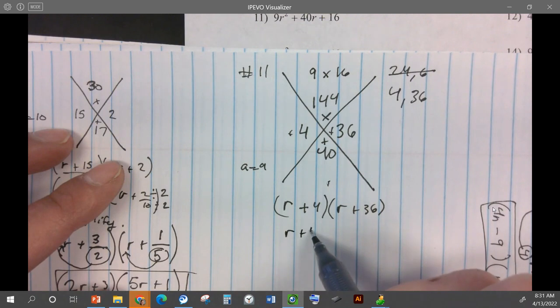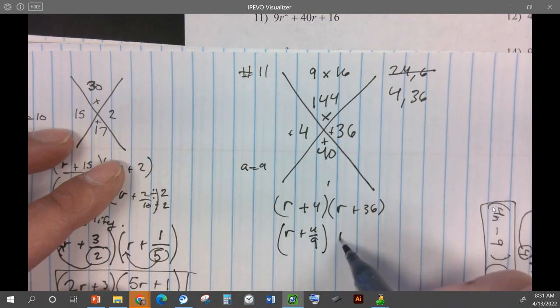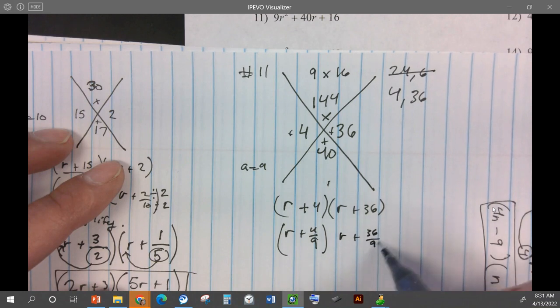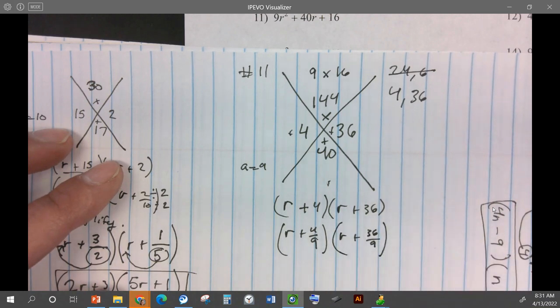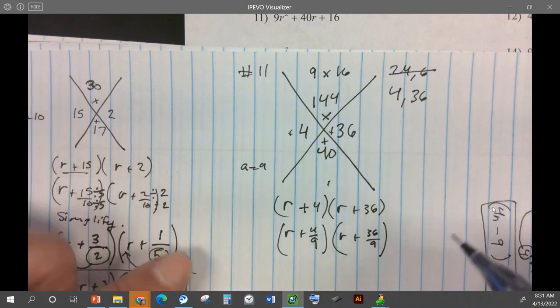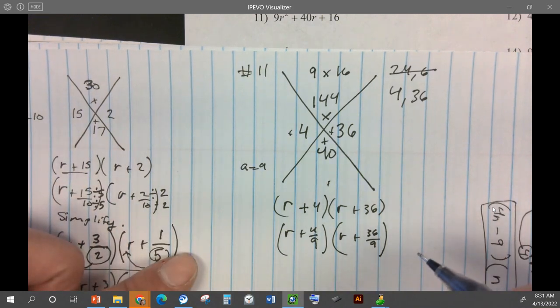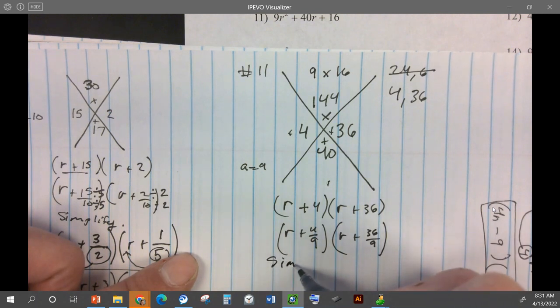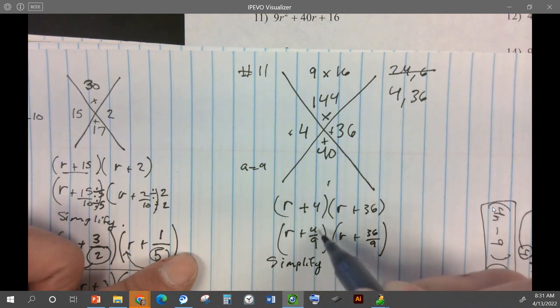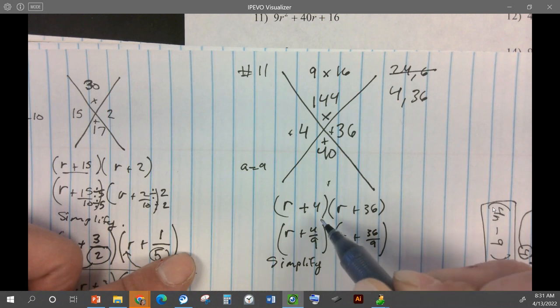So r plus 4 divided by 9, r plus 36 divided by 9, and now we are going to simplify. Simplify if you can. So here, can we simplify? Is there anything that goes into 4 and also goes into 9?